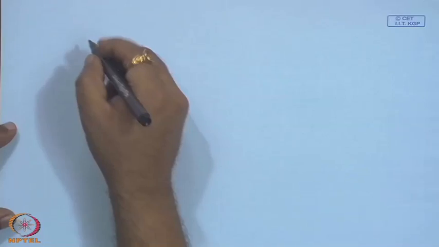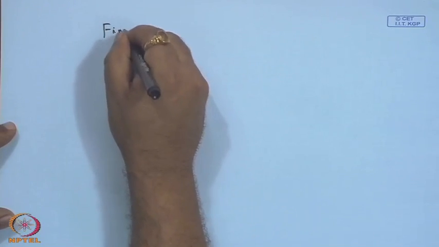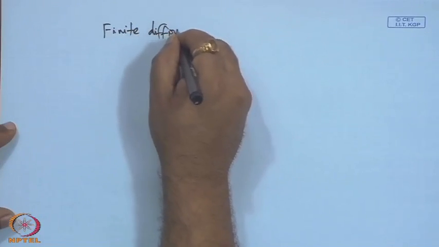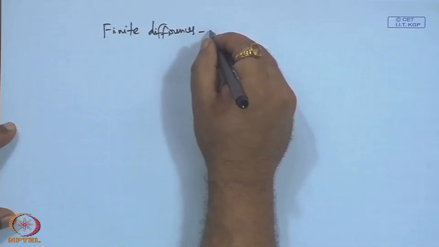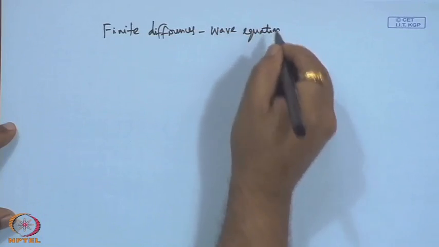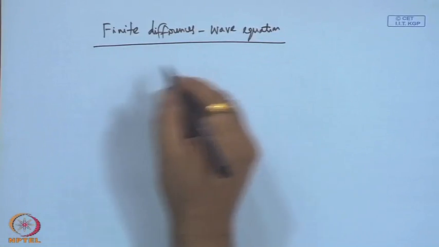To start with, we go for the usual approximation and then see under what conditions we go for an explicit scheme and under what conditions we may arrive at an implicit scheme. So, let us start with a simple, usual discretization. Finite differences for the wave equation.